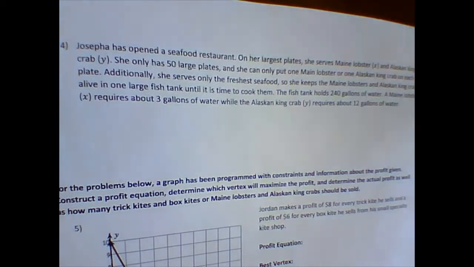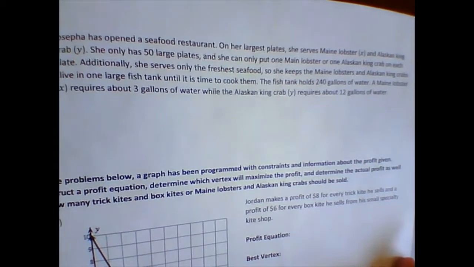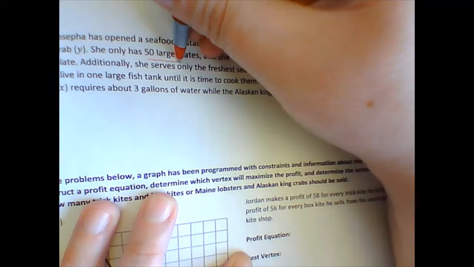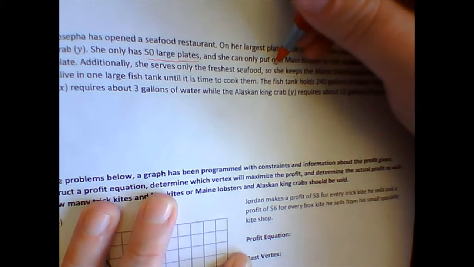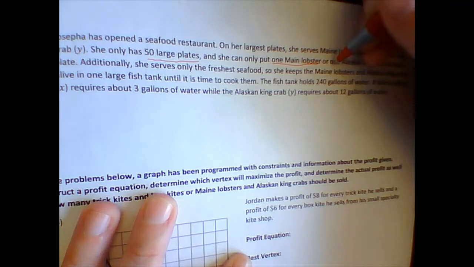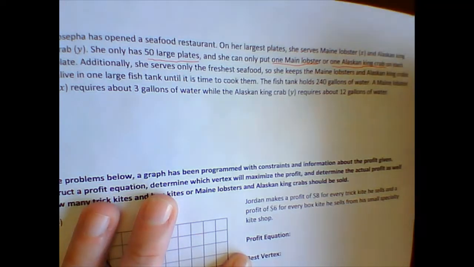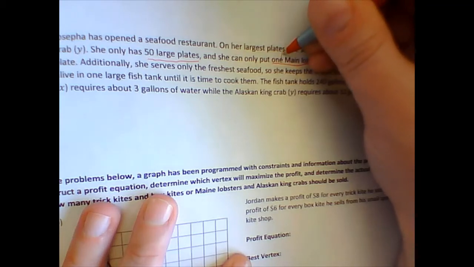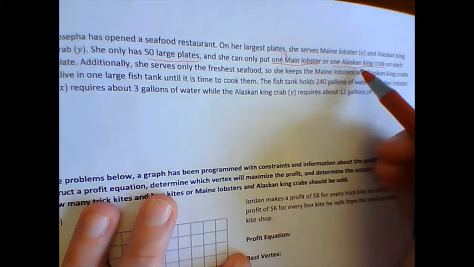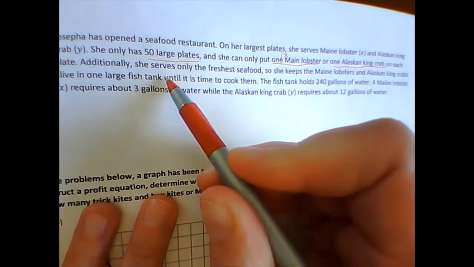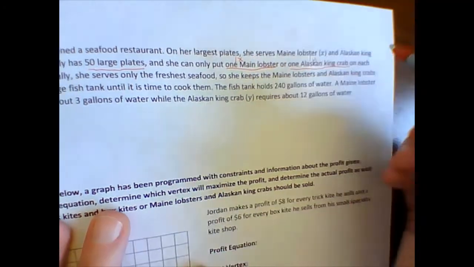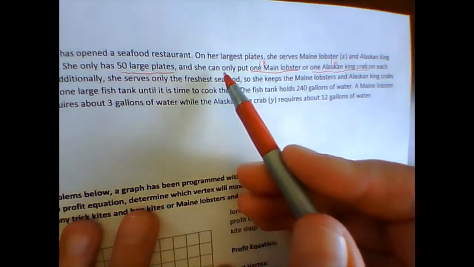So going back to our seafood restaurant, I would rather have a burger stand, but that's okay. So Josefa has 50 large plates, and she can put 1 lobster and 1 Alaskan king crab on each plate. And we notice that the lobsters are x, and the Alaskan king crabs are y. So there's 1 x of those and 1 y of those. And all of these are talking about plates. So these are all talking about the same thing.